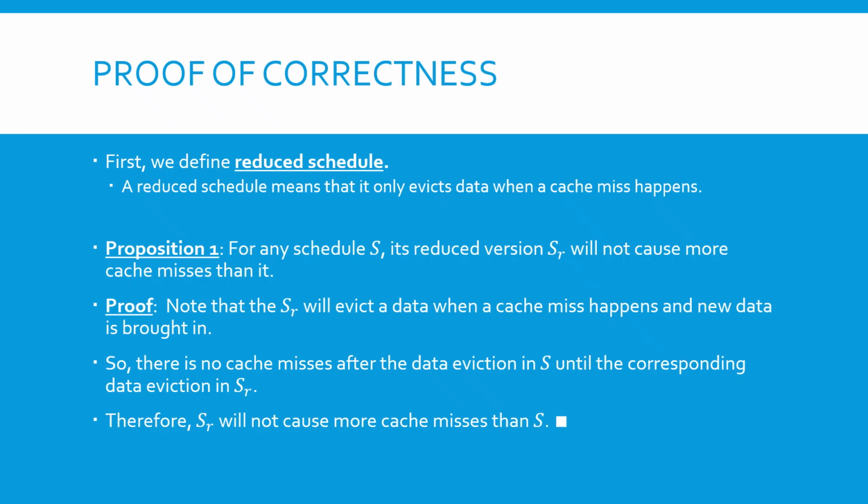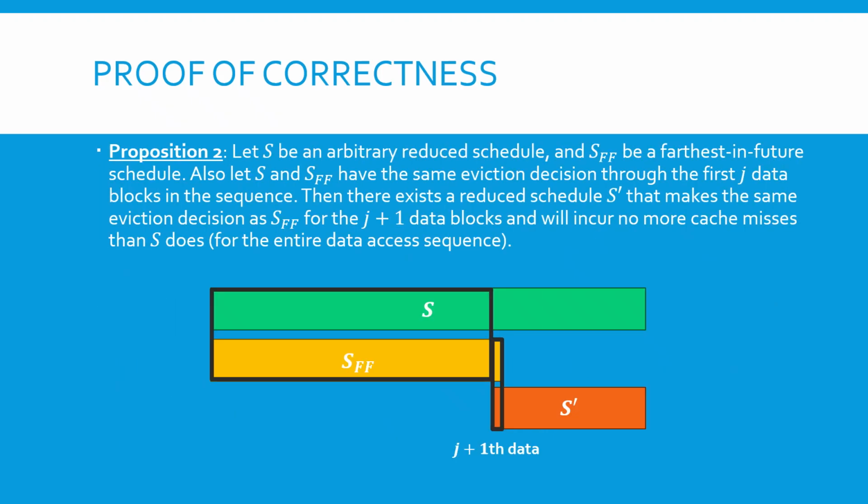We will use this proposition when proving the correctness of the greedy strategy. Proposition 2 compares two eviction plans, an arbitrary plan S and the greedy farthest-in-future plan SFF.